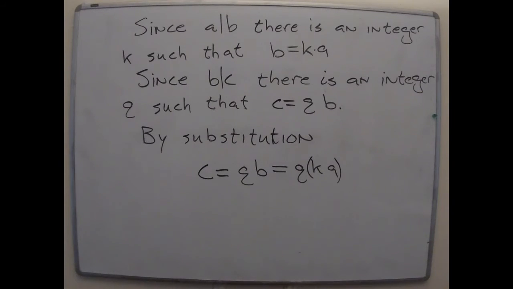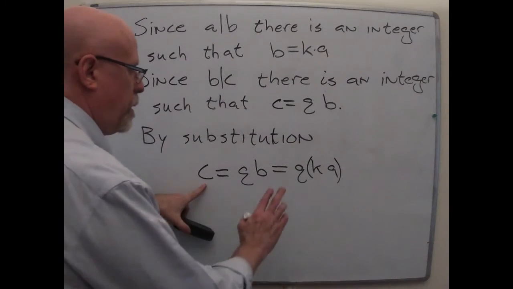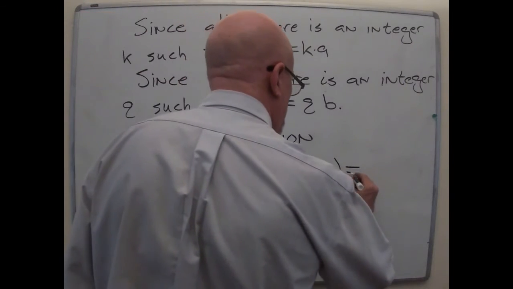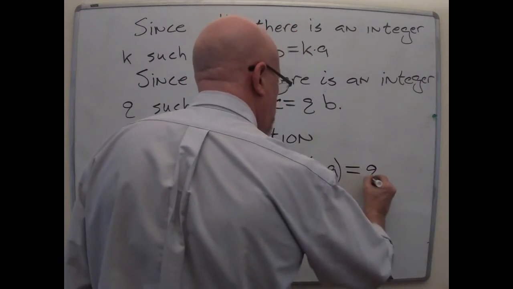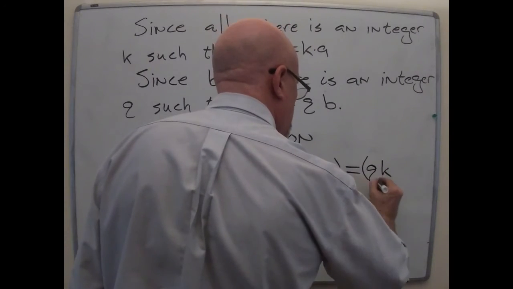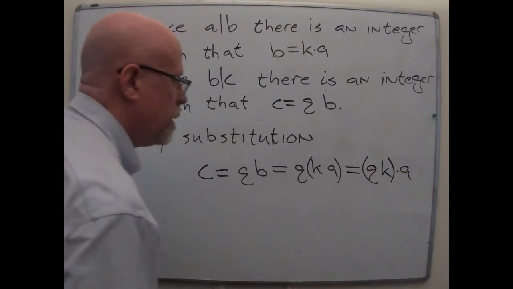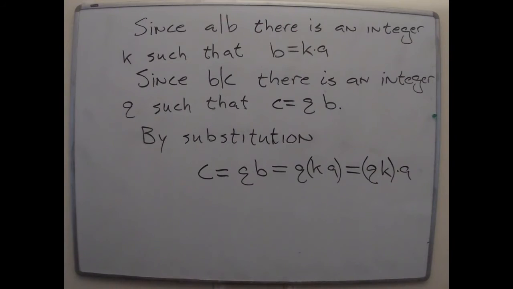All right, fine. But I want it to look like C is a number times A. Okay, great. Just reparenthesize that. Do QK times A. That's the associative law. That's valid.